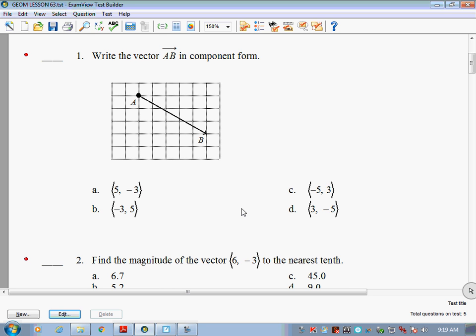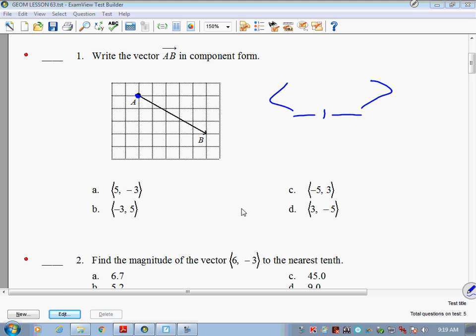A. A is my initial point. And if I'm going to write my component form, am I going to go down first or over first? Okay, consider what is being represented in these locations. This is x.